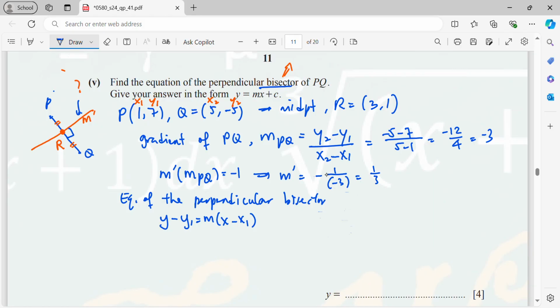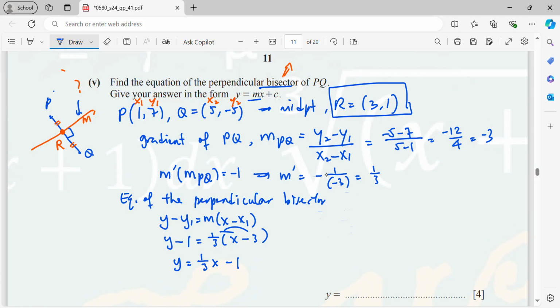Then here you will get y minus 1, because your y1 is the y coordinate of point R, which is the midpoint, equals your m is 1 over 3, then x minus the x1 which is 3. Then you need to get y equals mx plus c. So just do expansion. I get 1 over 3 x minus 1, because 1 over 3 times 3 is 1. Then this minus 1 you move to the right side, becomes plus 1. Therefore, the answer is y equals 1 over 3 x.